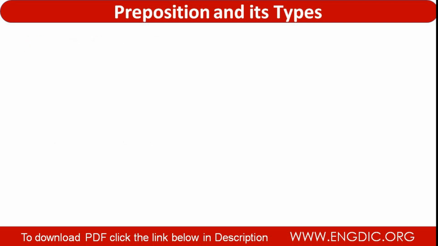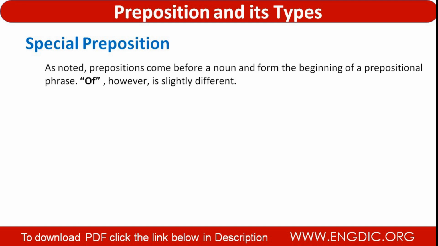Moving towards the next type, special preposition. As noted, prepositions come before a noun and form the beginning of a prepositional phrase. Of, however, is slightly different. It acts very much like a conjunction in that it combines a noun with something else, another noun, or a verb or adjective.